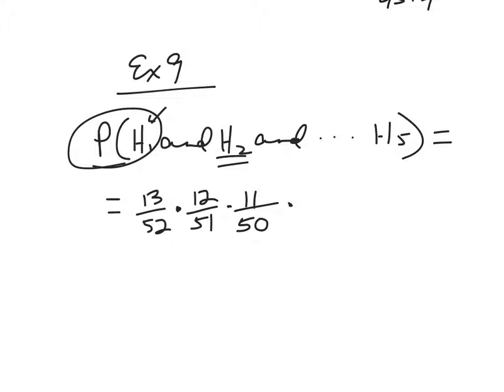The fourth heart I'd have 10 hearts left out of 49. And the fifth heart, I'd have 9 hearts left out of 48. And if you crunch the numbers there, you end up with 0.000495 according to your textbook.